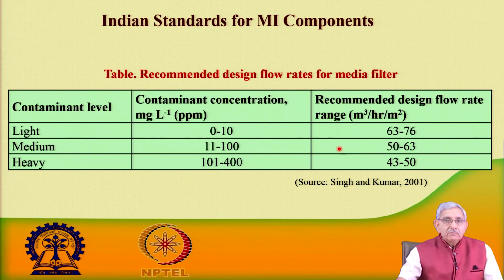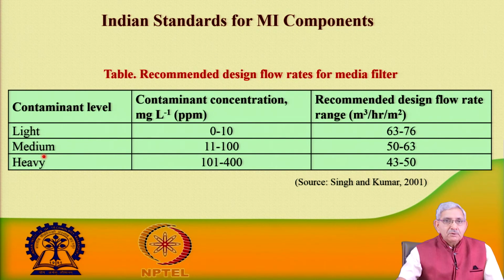These are the recommended flow rates for media filters, depending on the contaminant, the suspended material available in the water. If the contaminant is between 0 to 10 milligram per liter, then the recommended flow rate is 63 cubic meter per hour per square meter of the surface area of the media filter.